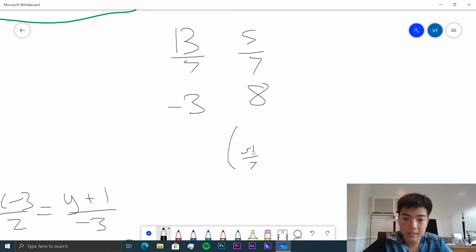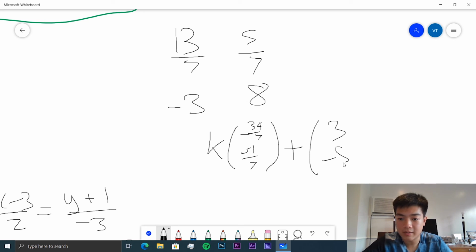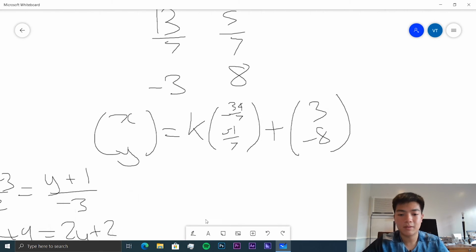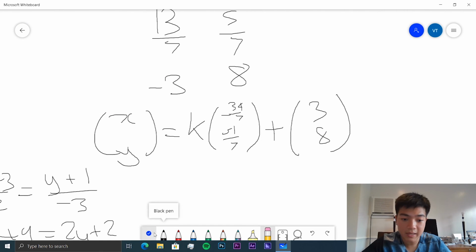And then we have negative 21 minus 13 is negative 34 over 7, k, plus the point (-3, 8). So we have (x, y) is equal to this.